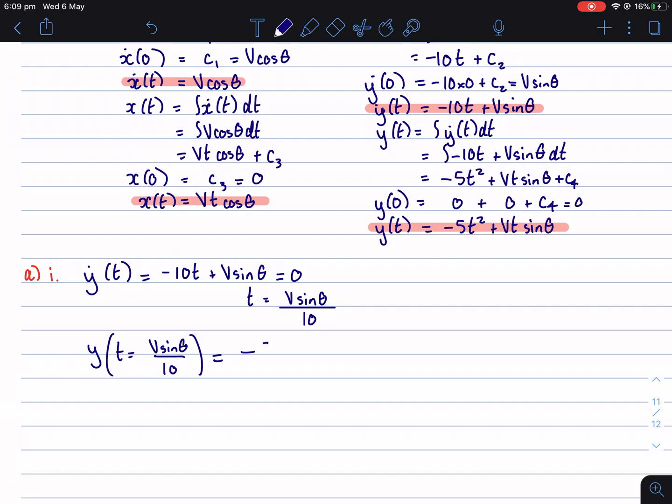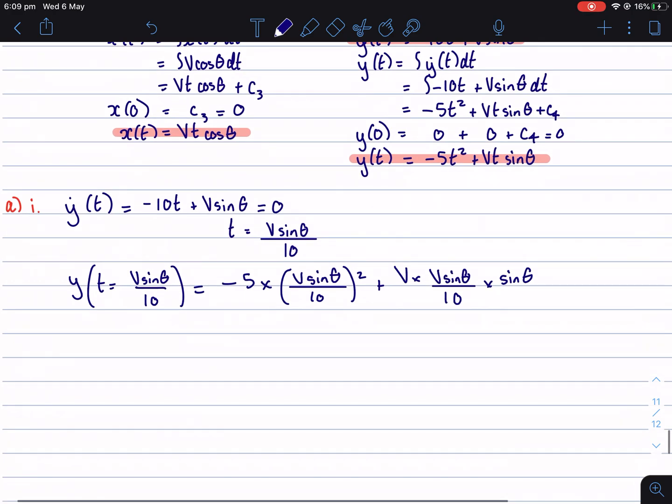So we've got negative 5 times that squared plus v times that times sin theta. So we've got negative 5 v squared sin squared theta on 100 plus v squared sin squared theta on 10.